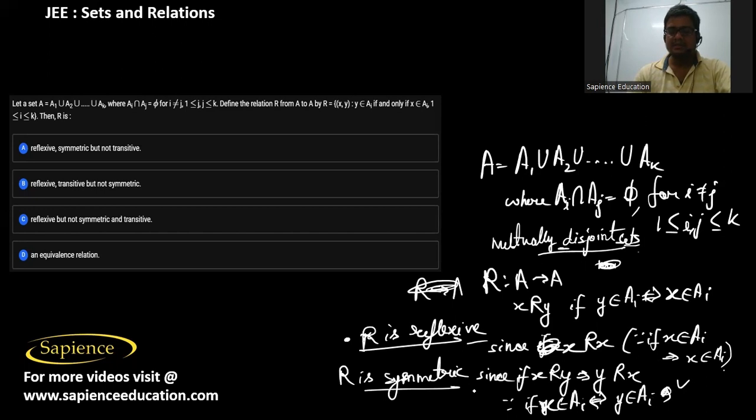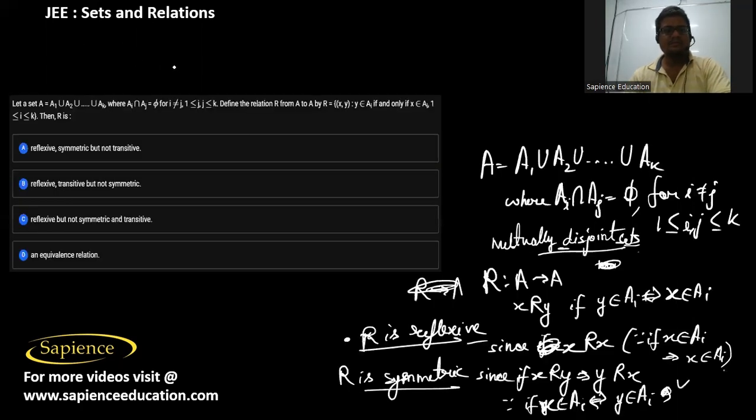So R is symmetric also. And the relation R is transitive also.